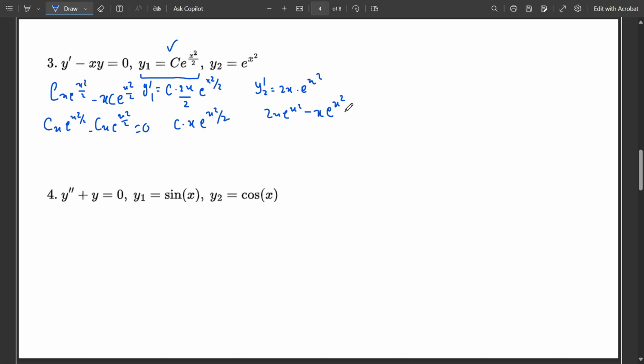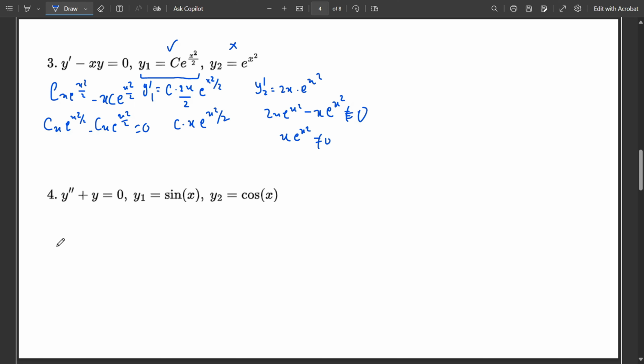As we can see, when we subtract them, we just have x e to the x squared. So this does not equal 0. So this is not a solution to this differential equation.